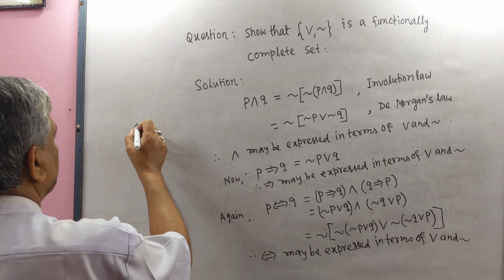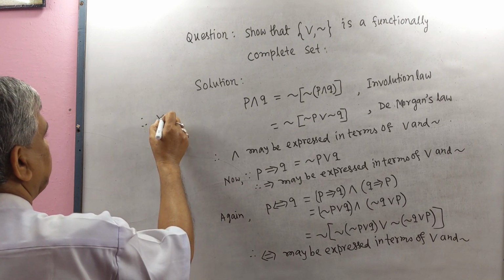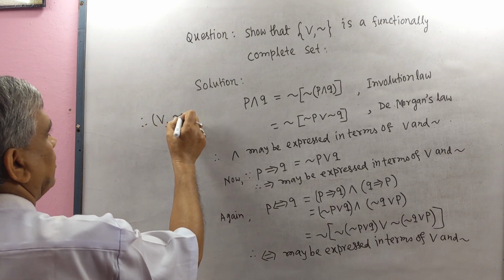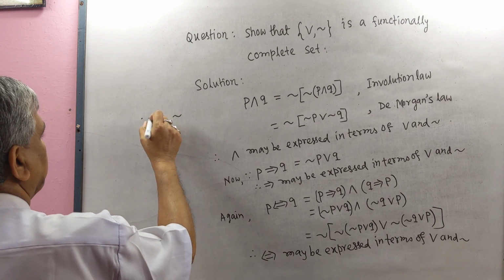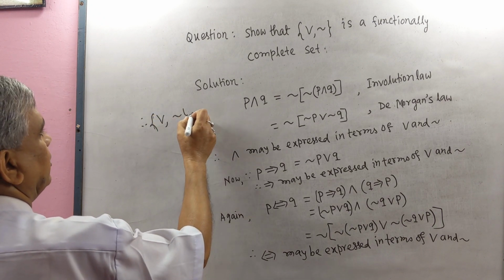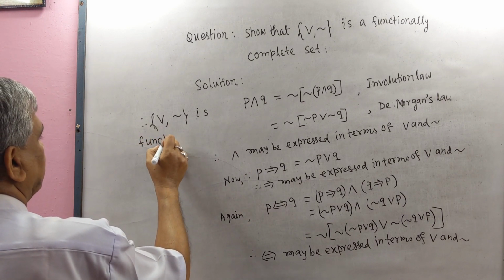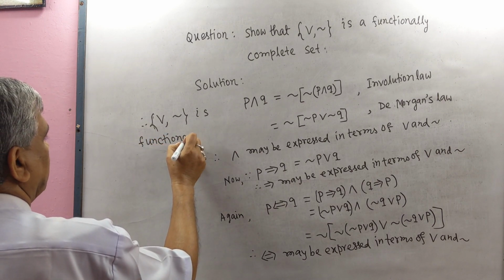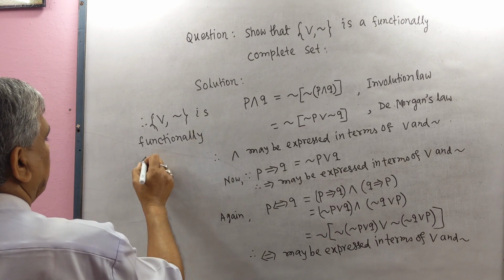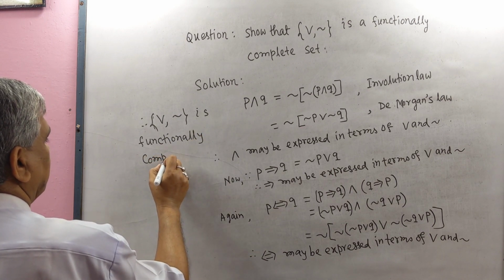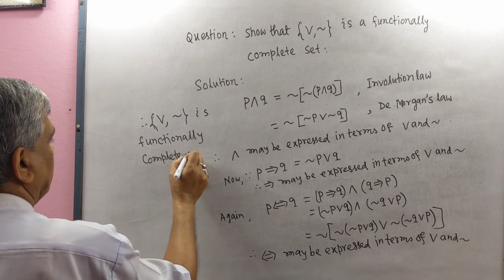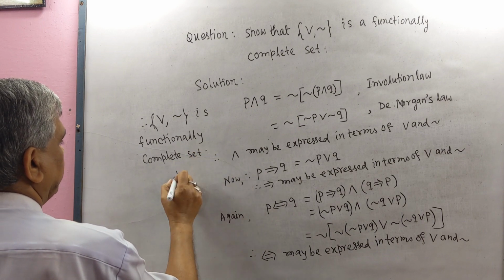So the set of disjunction and negation is a functionally complete set. Proved.